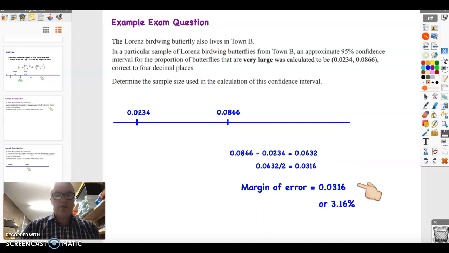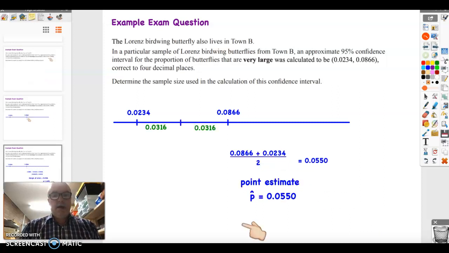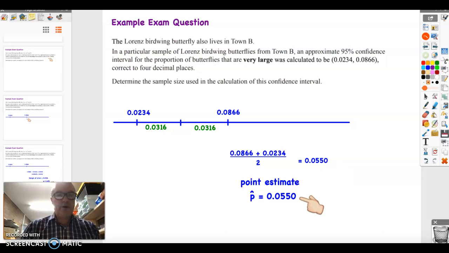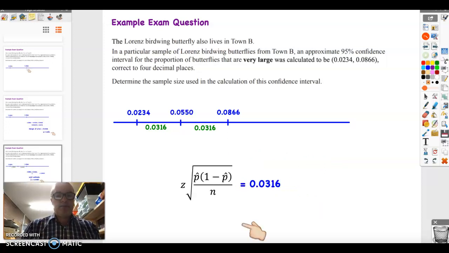We could also refer to that as a margin of error of 3.16%. Finding the halfway point, or the average of those two limits, is going to take us directly to our point estimate. And so exactly halfway between those limits, we have a point estimate of 0.055. And so now we know all of this information just from the confidence interval.